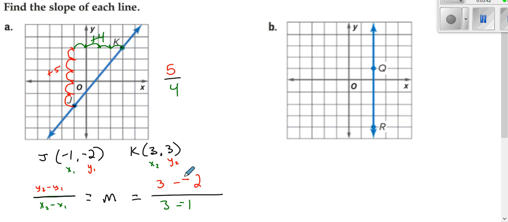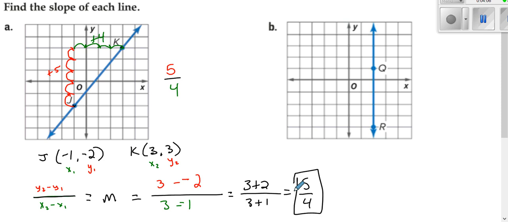Okay, so what's this going to be? 3 minus a -2 would be like 3 plus 2, which is 5. 3 minus a -1 would be like 3 plus 1, which is 4. We get the same answer if we're doing this.